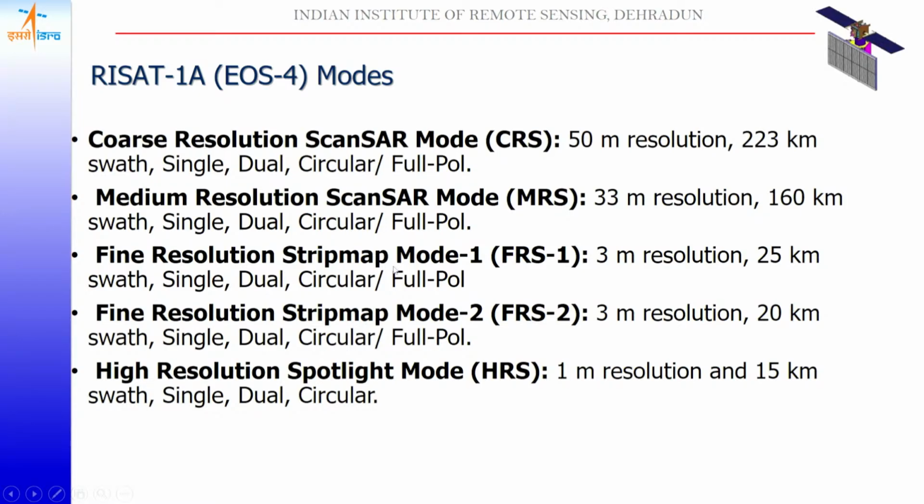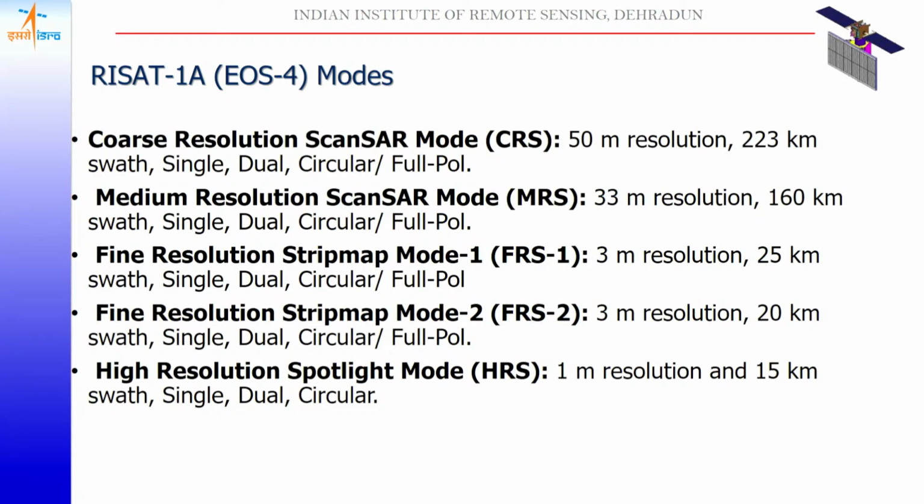RESET-1 and 1A have one concept called circular or hybrid polarimetry, which is a special type of polarimetry in which we have only dual pole capability, but with the generation of the Stokes parameters we can convert to full polarimetry also. So we have only the dual pole: we transmit circular and receive in both.